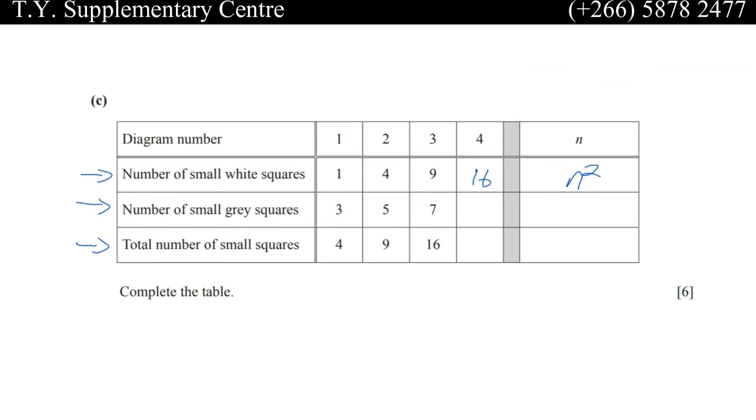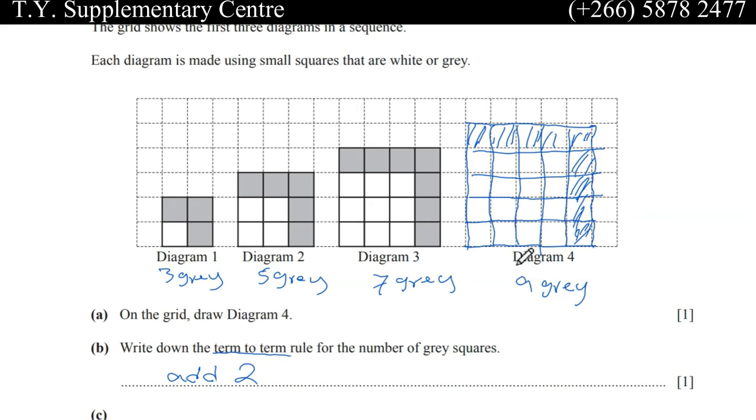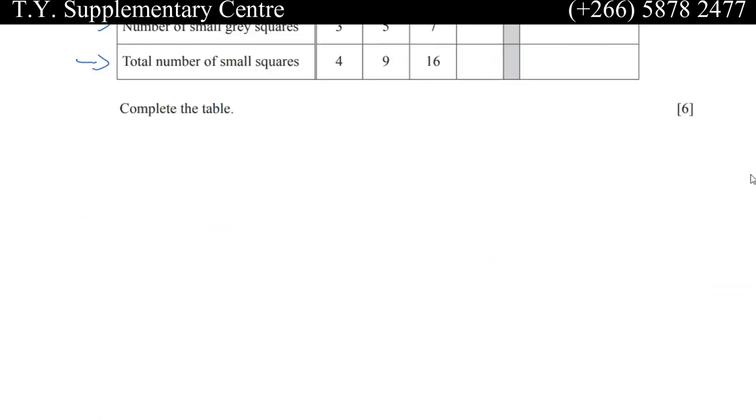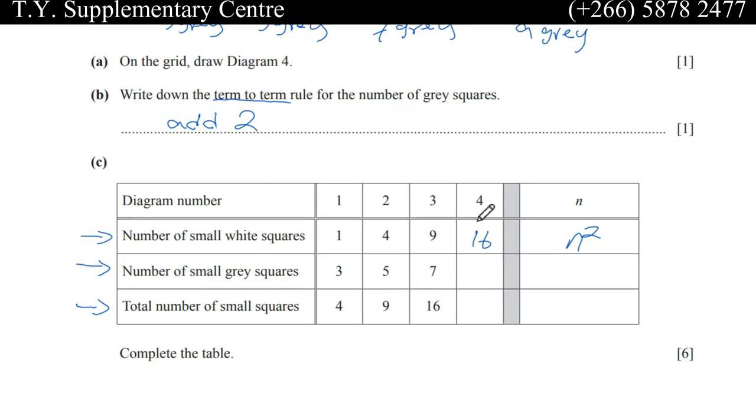So from what we did earlier, when we're trying to draw the fourth diagram, and also when you try to answer number 2 to find the term-to-term rule for the number of gray squares, we noticed that we were adding 2 to the number of gray squares we're at to get the next number of gray squares in the following diagram. So we know that we got 9 here.